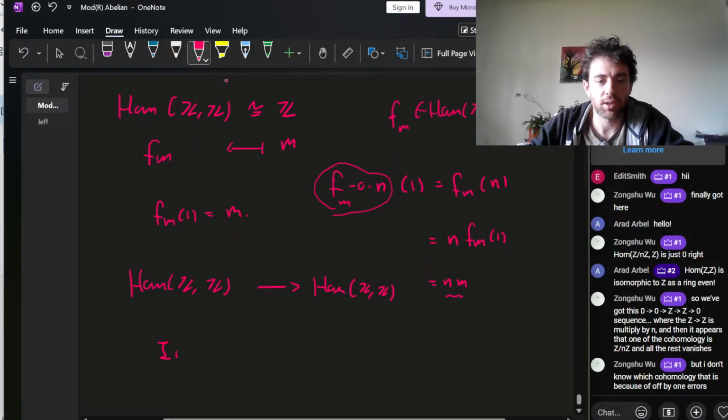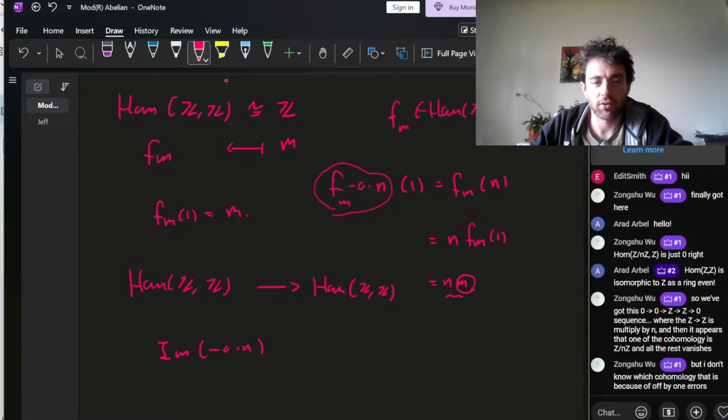So the image of this map, and again, you can choose any n to get such a multiple, is basically f sub nm as m ranges over all the integers.